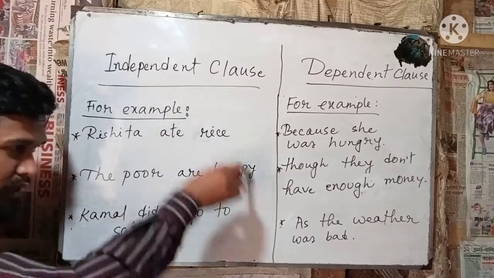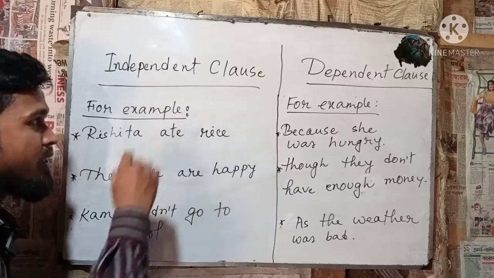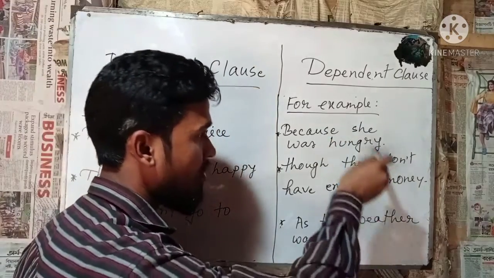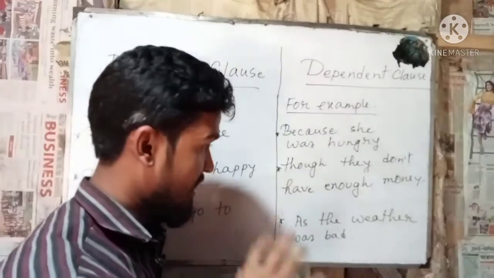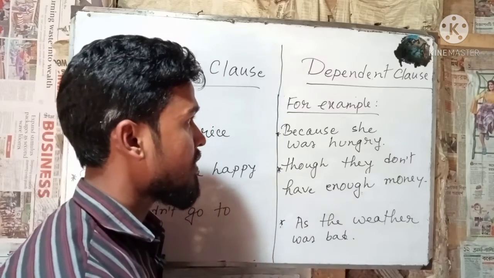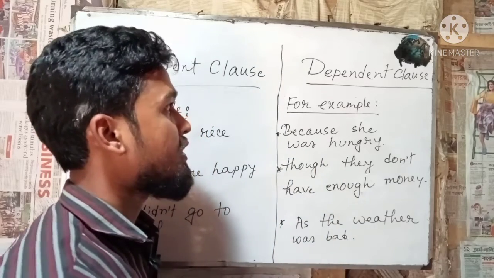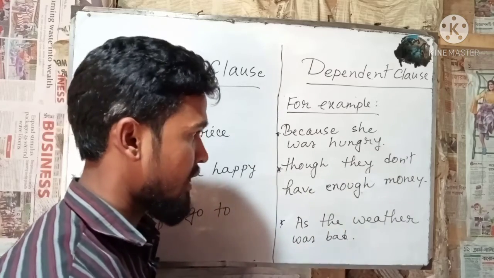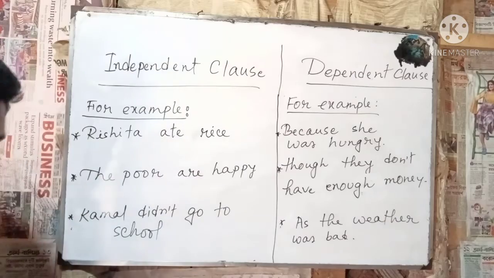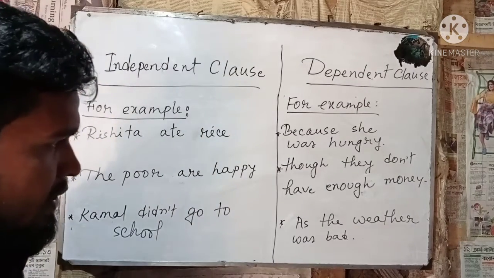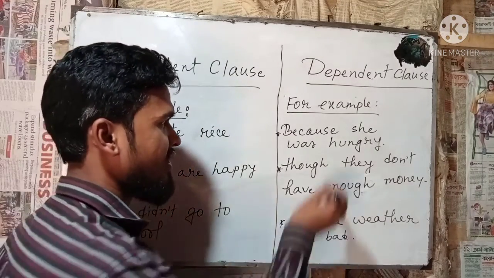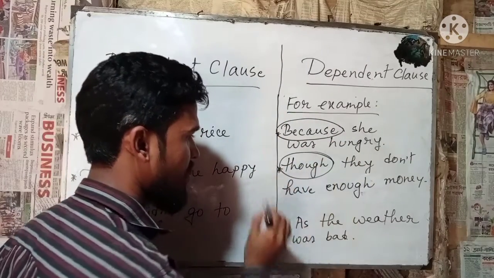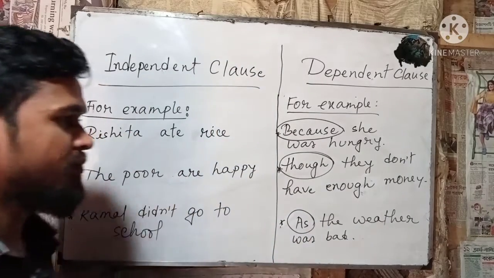These three sentences are independent clauses, but these three clauses don't make sense on their own, so these are called dependent clauses. They don't convey their meaning. And we should notice that: because, though, as.